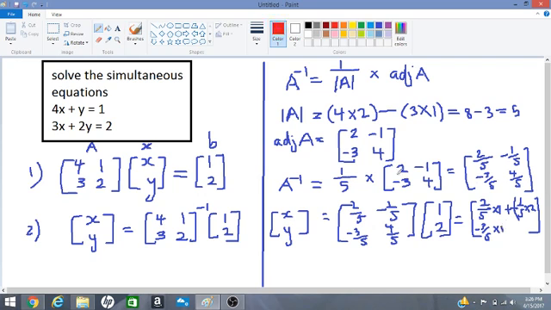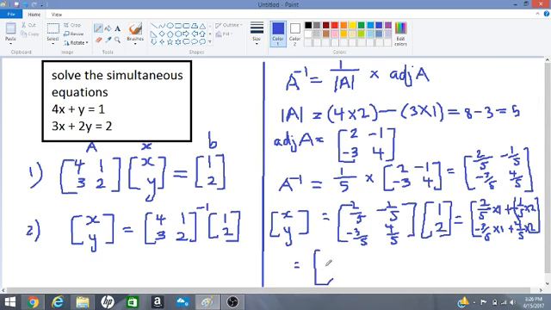Now we multiply this row by this column to get our value here. So we're plusing 4/5 times 2. Let's work that out.